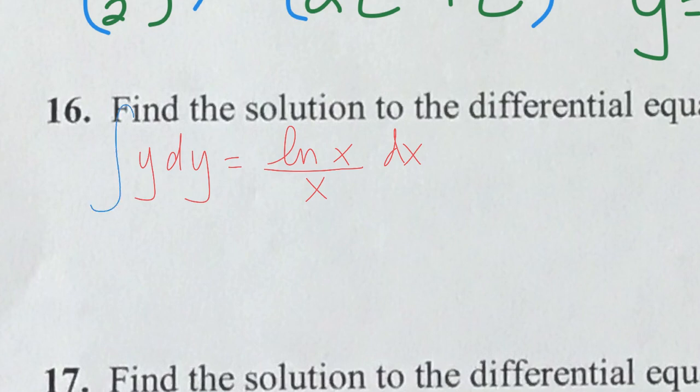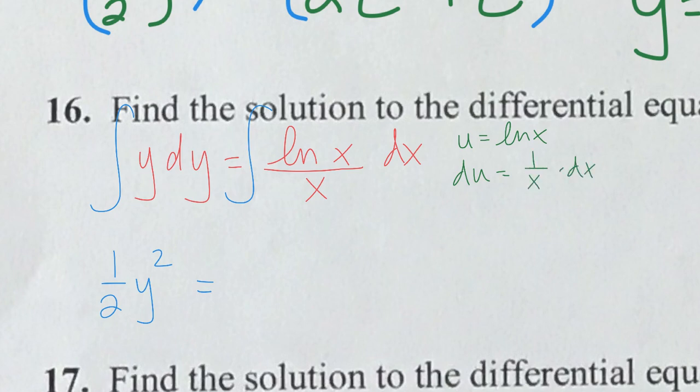So now we're going to integrate both sides, and this becomes 1/2 of y squared. And over here, we're going to use some u substitution. So let u be the natural log of x. So du is 1 over x dx. So dx is x times du. Okay, you got this?